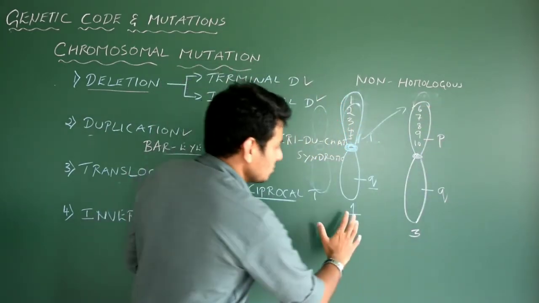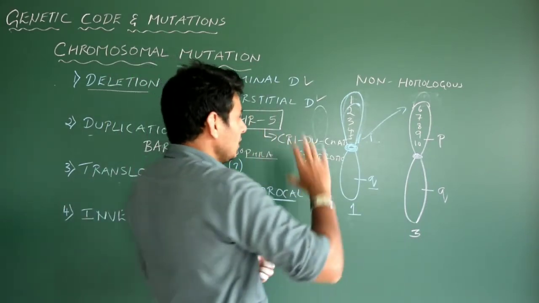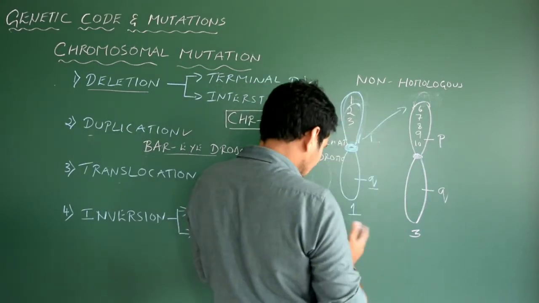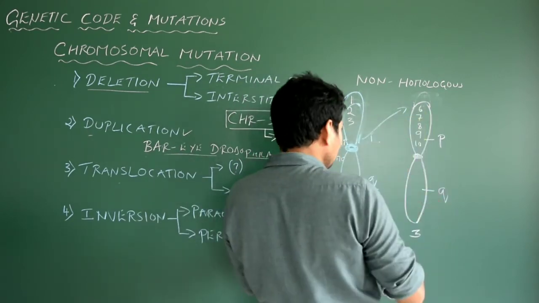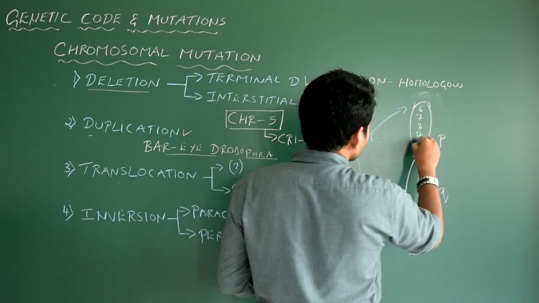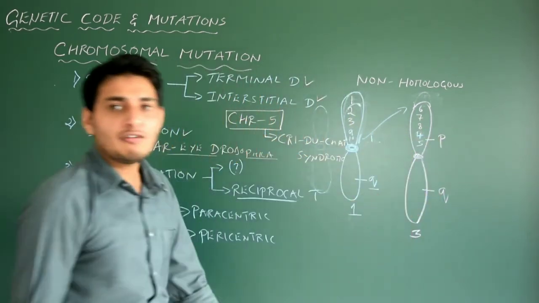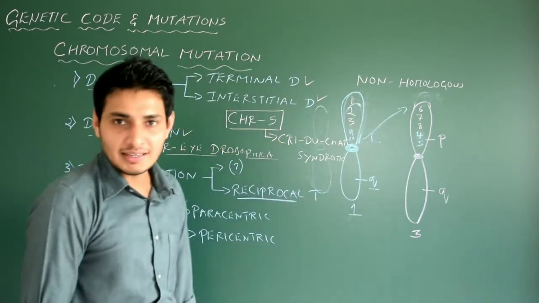They are going to share during crossing over between the non-homologous chromosomes. Let us imagine the 4 and 5 segment is now removed and it is going to join the 9th and 10th position. So 4 and 5 here, and 9 and 10 genes come here. That is sharing of the chromatids between the first and third chromosome. Got it? Equal.